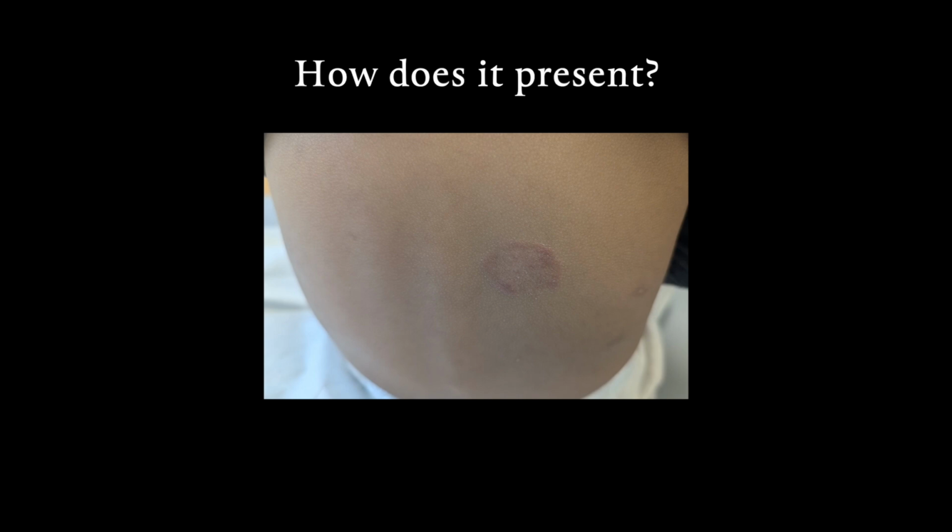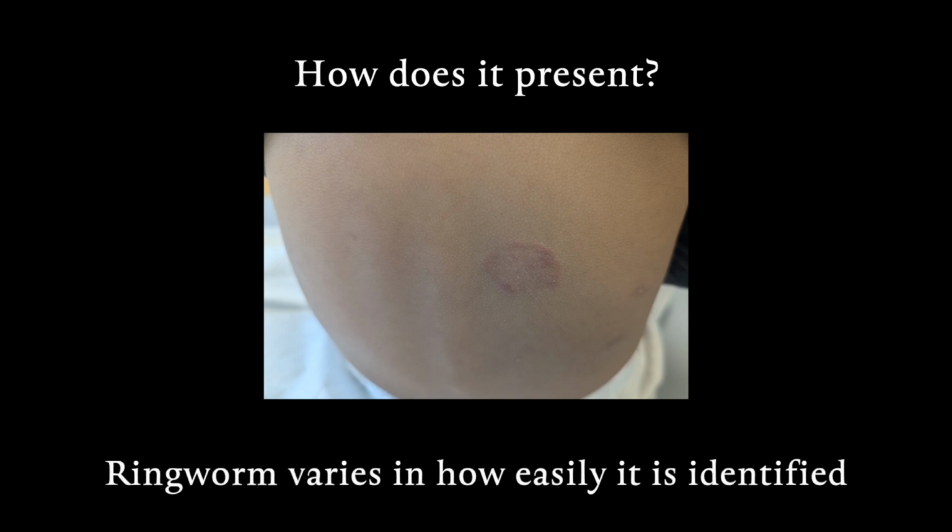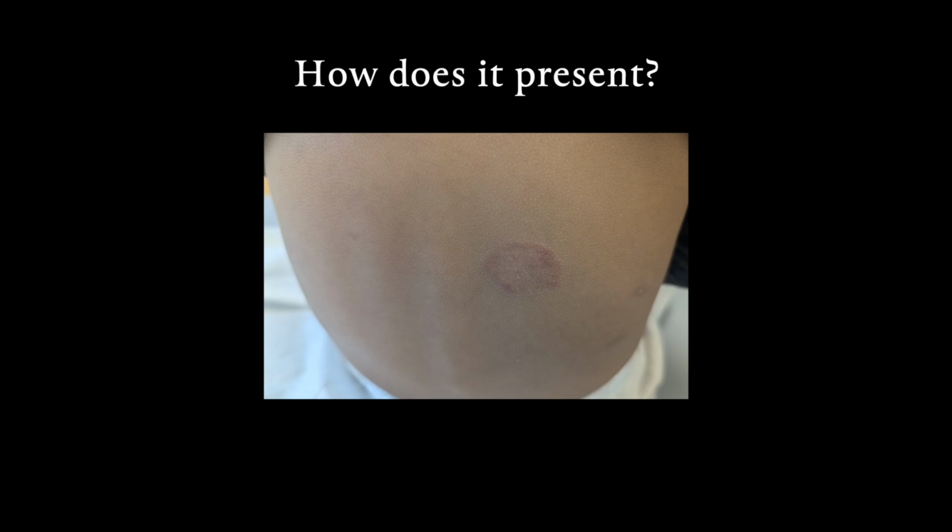So depending on what stage of progression, it could be easily identified or it could be hard to identify. I sometimes step out to glance at the rash to see the circular nature of the rash, or that this rash, when it forms in its entirety, is going to be circular.